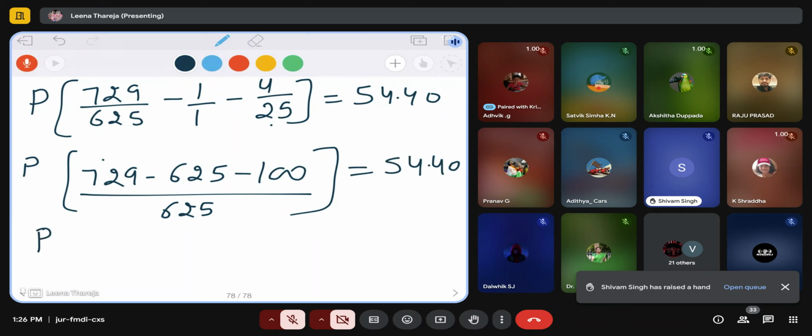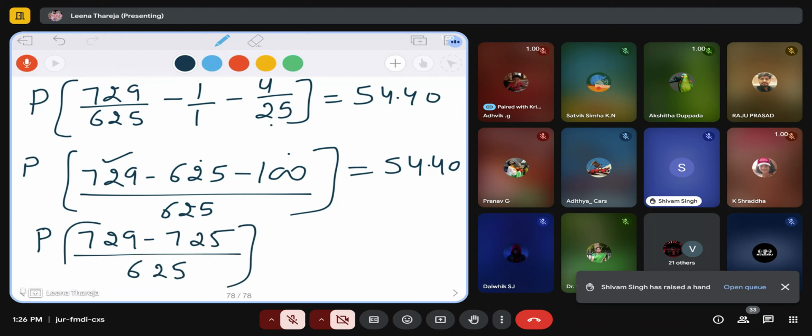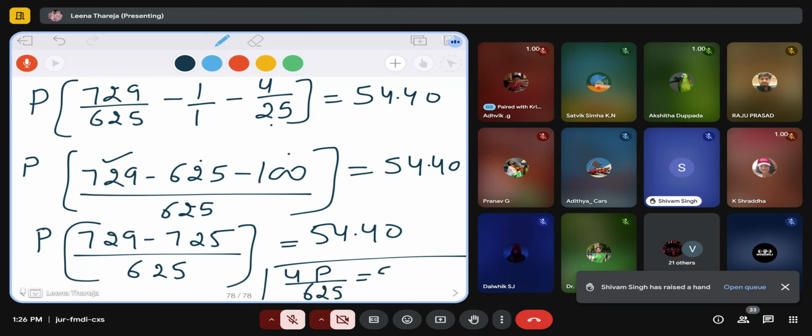Now 729 minus 625 minus 100, it will be 4, right? Now you will be left with 4 into P. 4P by 625 is equal to 54.40. Transposition, that's it.